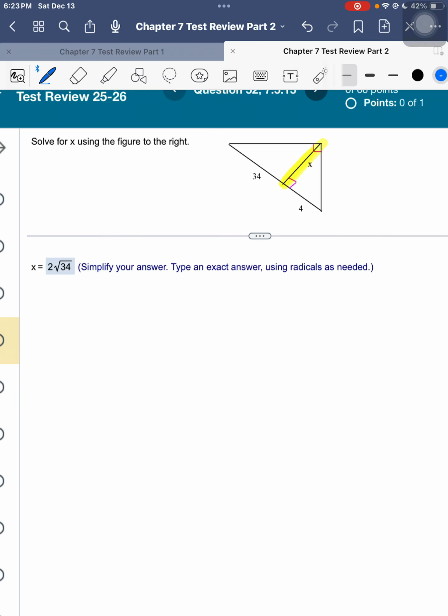When your geometric mean is on your leg, like let's say this y right here was the leg, your A is now your entire hypotenuse, and your B is the segment of the hypotenuse that is adjacent to this leg. In this case, it would be 34. But if I was solving for the geometric mean here, like let's say this was Z, then my A would still be all of this, but now my B for Z would be 4.